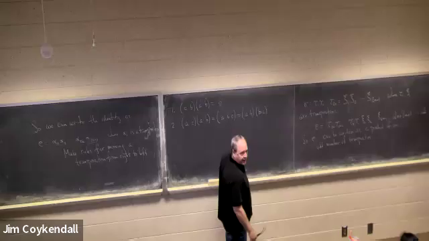And the index of A_n in S_n is exactly equal to 2 by the first isomorphism theorem and Lagrange. Because S_n mod A_n is isomorphic to Z_2, since this map is onto because n is greater than 2.